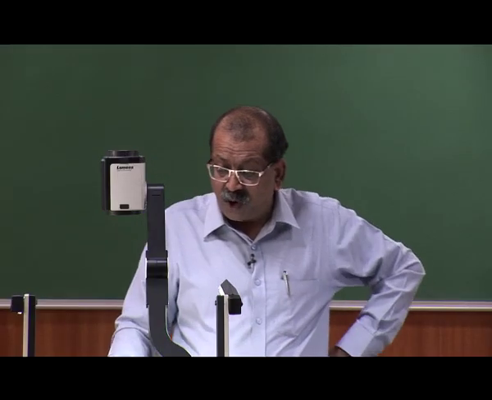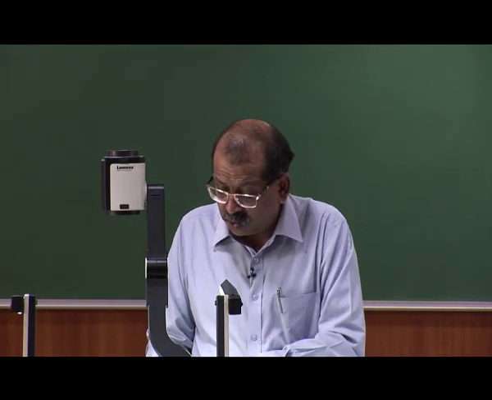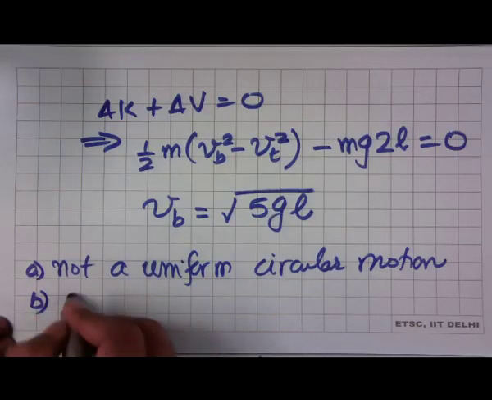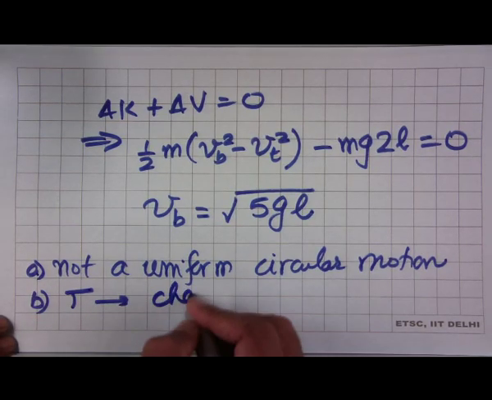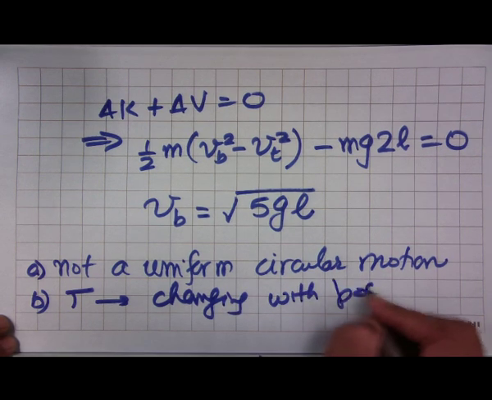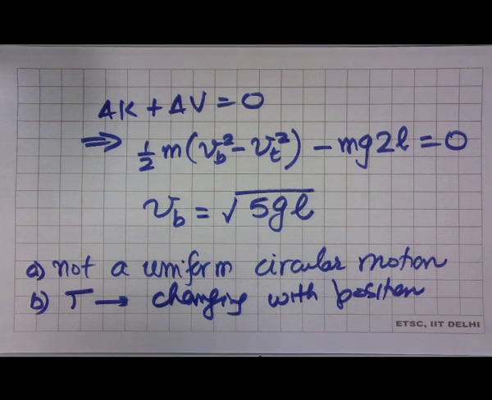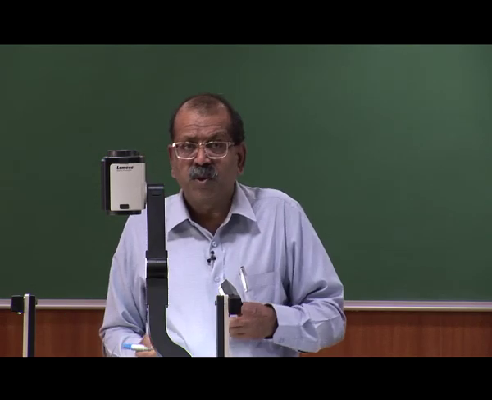So, we cannot use formulas for uniform circular motion. Also, what we realize in this problem is that the tension T is changing with position. Tension T or the normal reaction N, depending on the class of problem, they change with position.